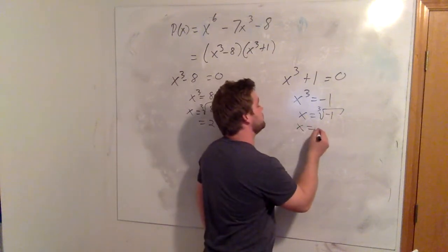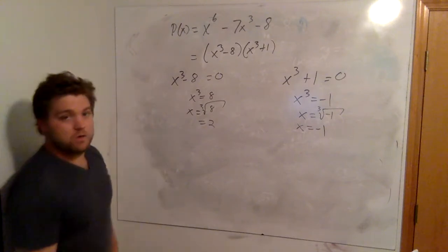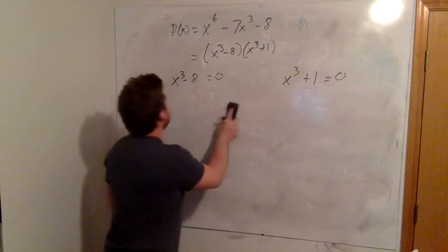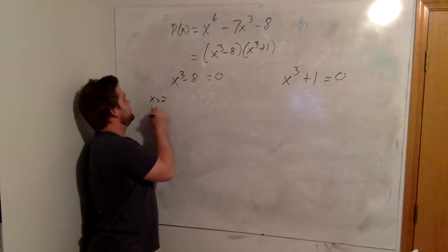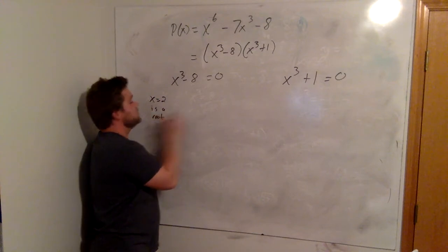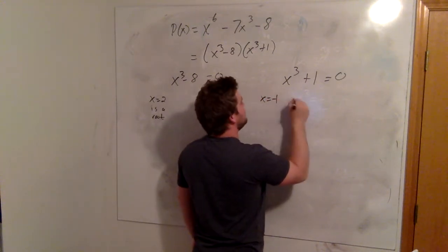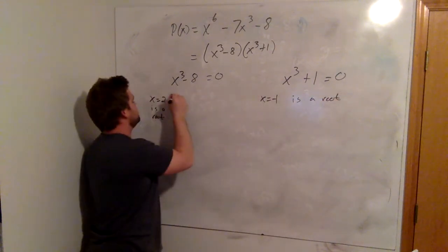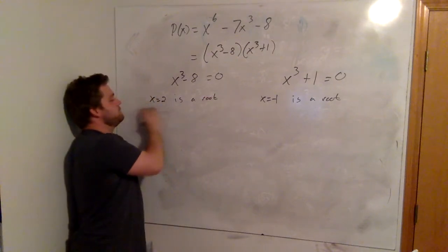So we know from here that x equals 2 is a root. Similarly here, x equals negative 1 is a root. So let's take advantage of this and use synthetic division to break each one of these down.